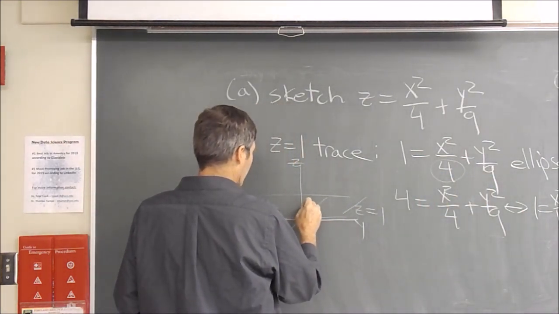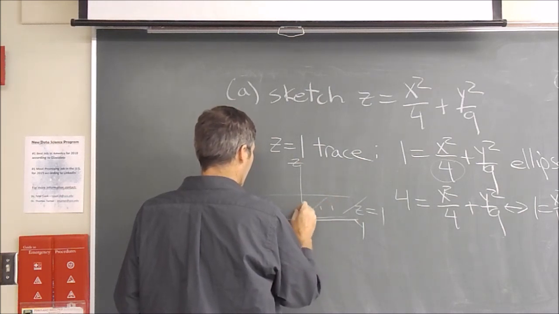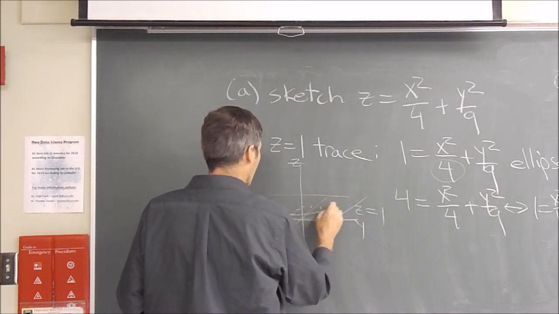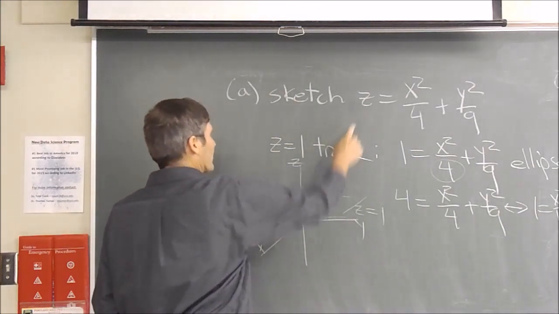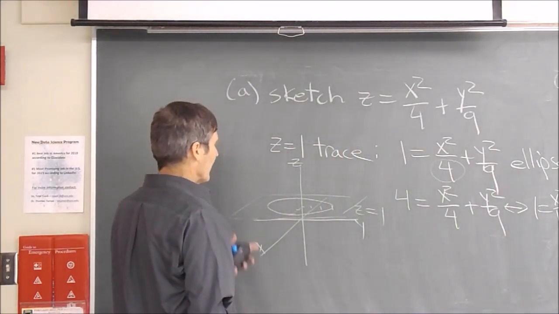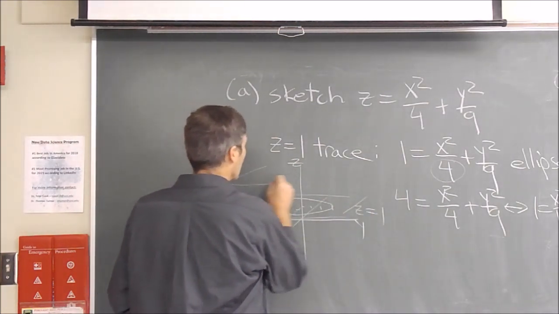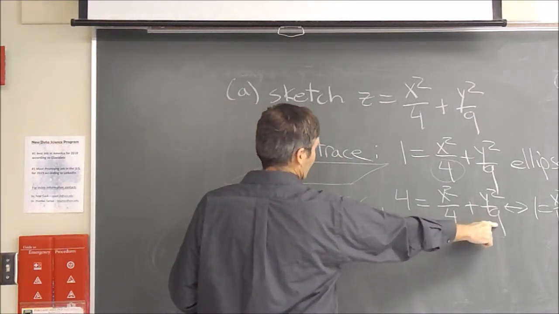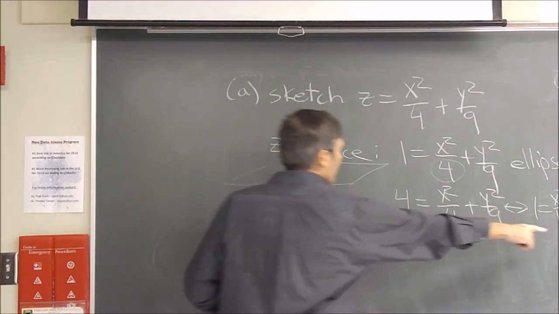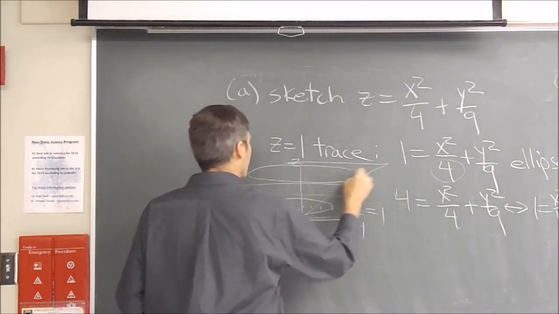So within this plane, we go over this way 1, 2, 3 units, and over out this way 1, 2 units, and we draw this ellipse, the intersection of this surface with the plane z equals 1. Now we go up to the plane z equals 4 here. And on the z equals 4 plane, we draw an ellipse with semi-axes 6 and 4. And so it's a bigger ellipse like this.